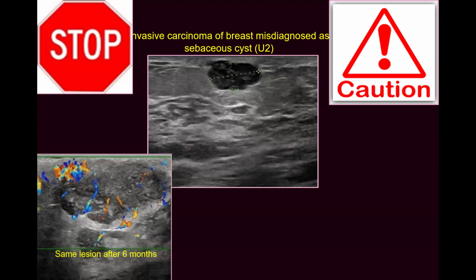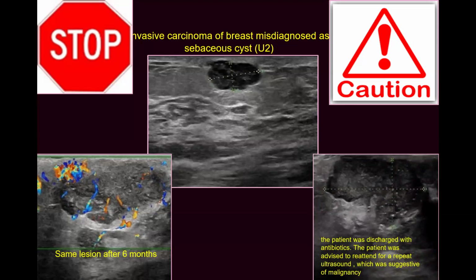After antibiotics, the lesion looked even more ugly and slightly increased in size. At this moment, they reported it as suspicious, and it was proven to be invasive ductal carcinoma. So this is most likely invasive ductal carcinoma arising from anterior or ectopic TDLUs.